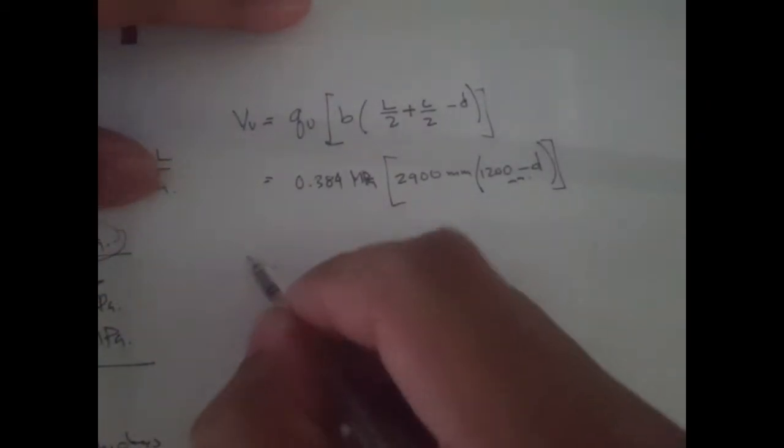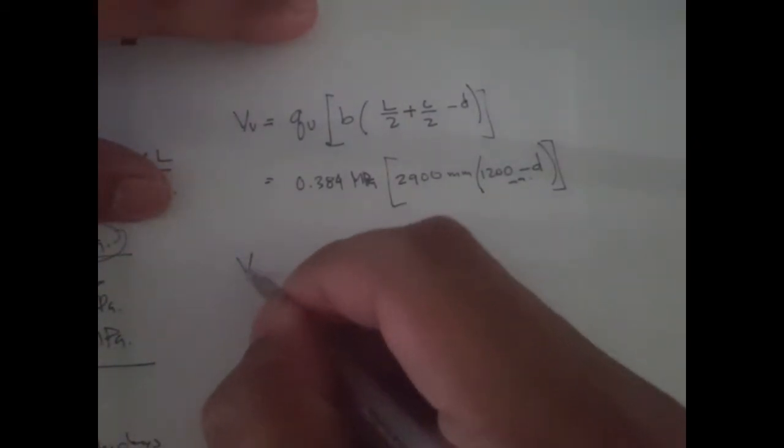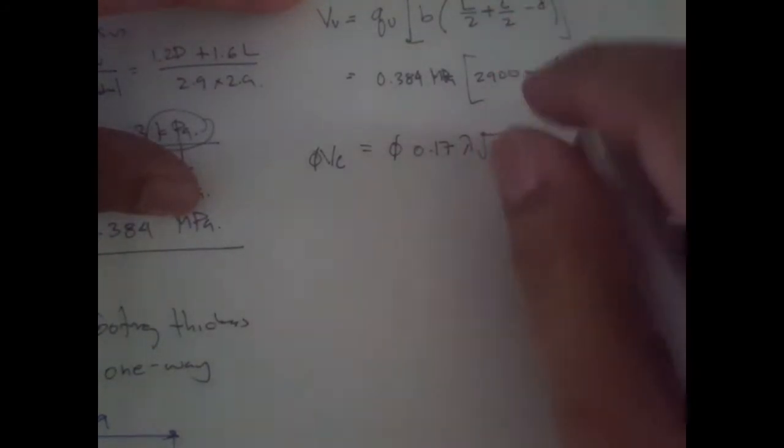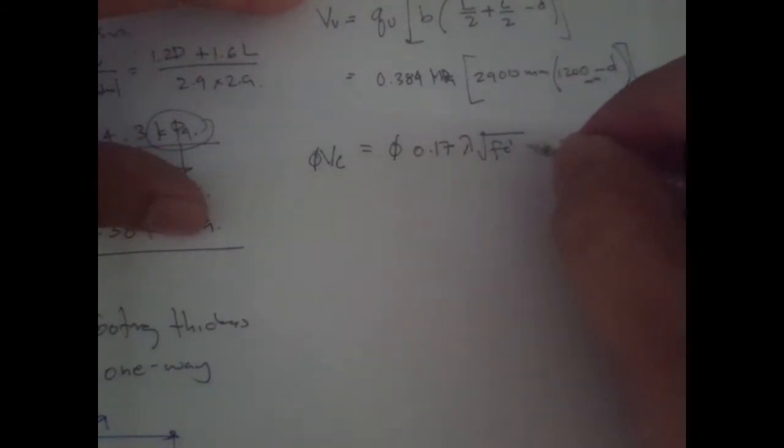Now for the resistance side, you can calculate phi Vc, which is given by this equation: phi times 0.17 times lambda times square root of fc prime times b times d.